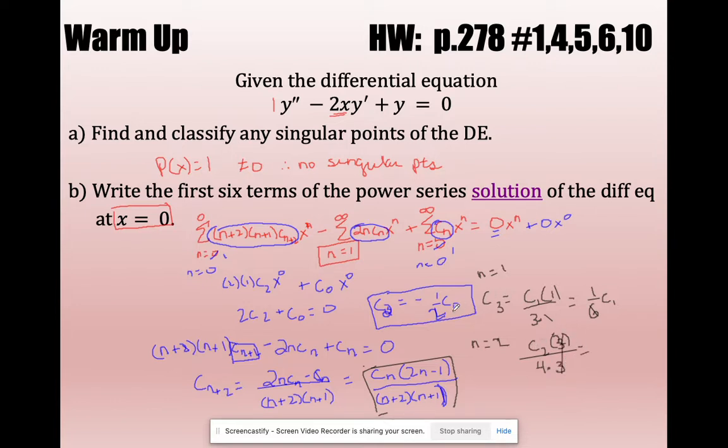And remember, c sub 2 is equal to negative 1/2 c sub 0. So I have negative 1/2 c sub 0, that's what c sub 2 is, and then times 1/4.